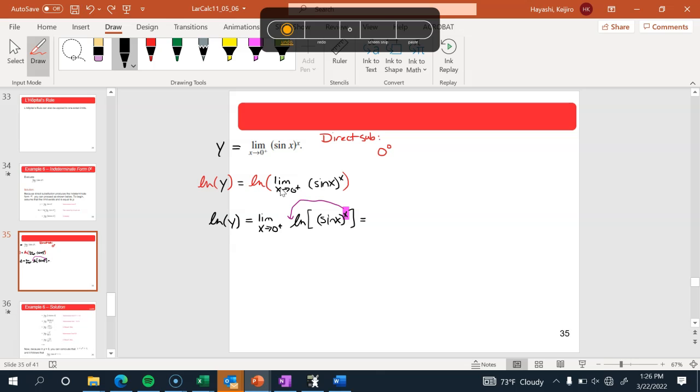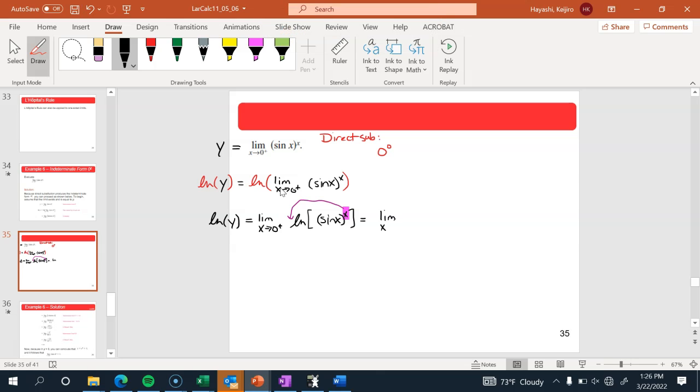Oops, no, it's the limit as x approaches 0 from the positive side of x times the natural log of sine of x. And at this stage, directly substituting in would give, well, you plug in 0 into here, that gives 0.